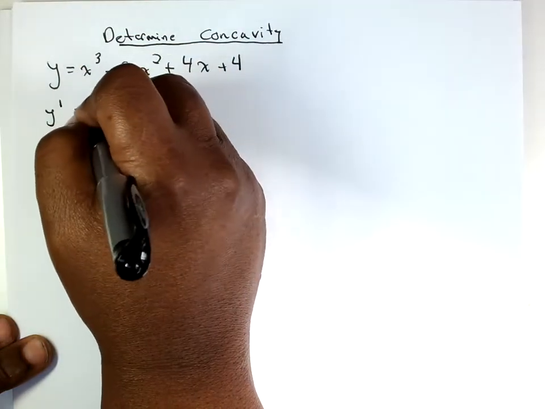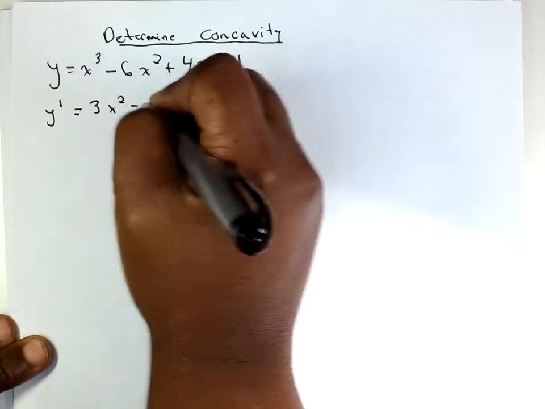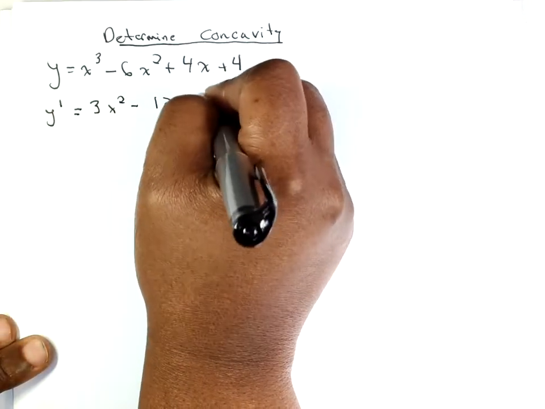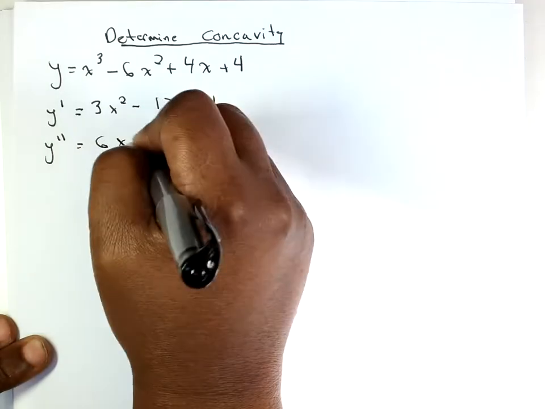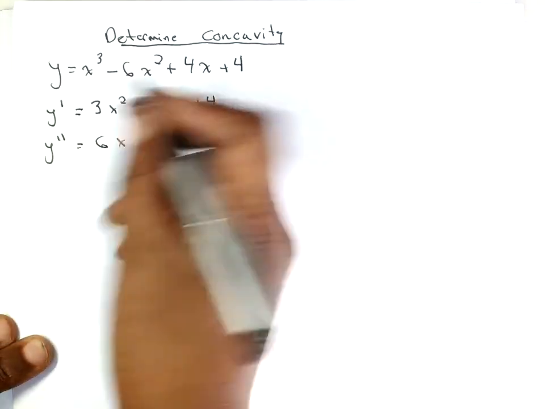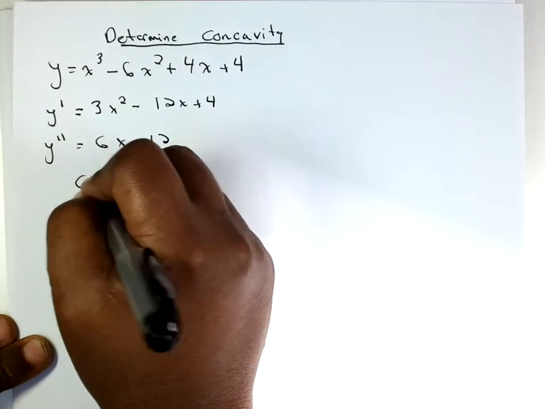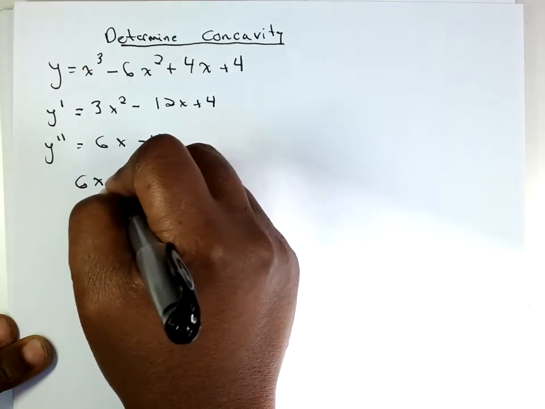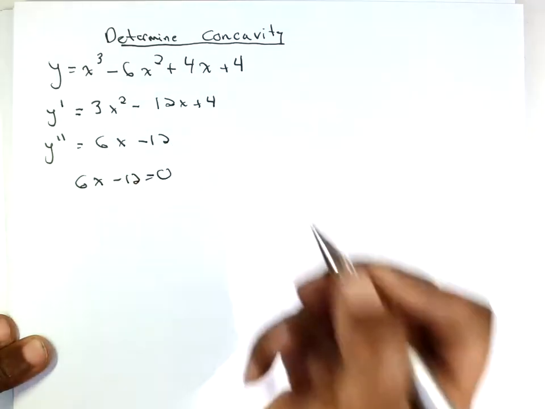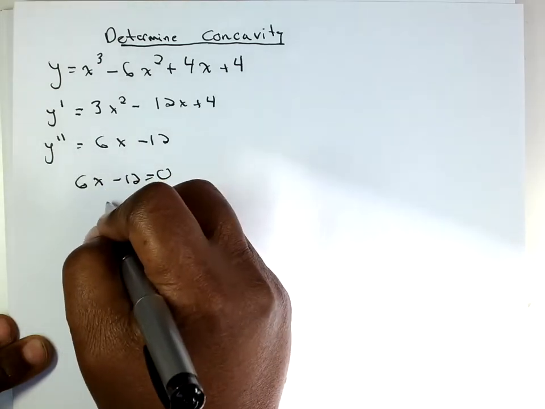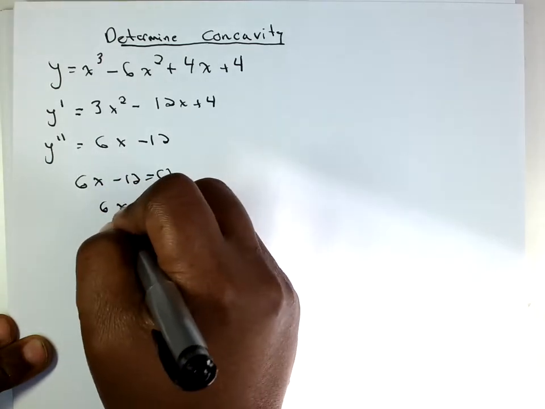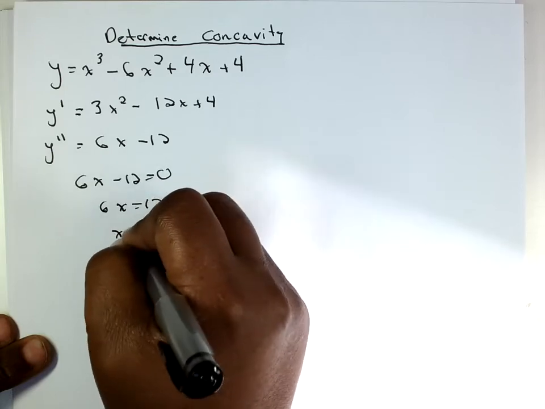So the first derivative, I get 3x squared minus 12x plus 4. And the second derivative gives me 6x minus 12. So that is where I need to know where it is 0 or undefined. So it's not undefined anywhere. But I can find out when it's 0. So 6x minus 12 equals 0, which means 6x is 12. So x is equal to 2.